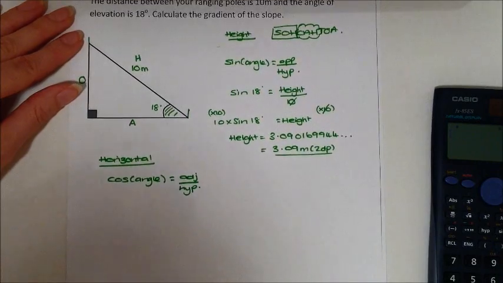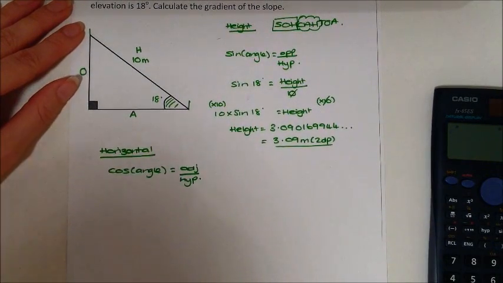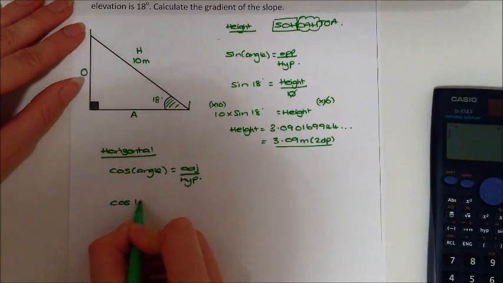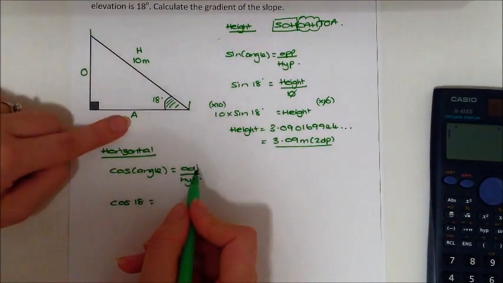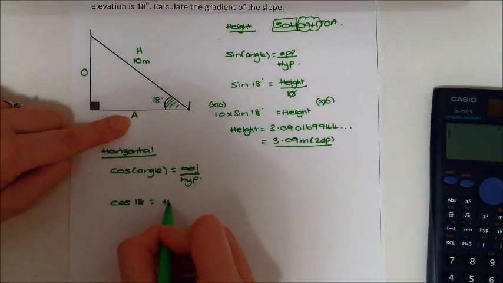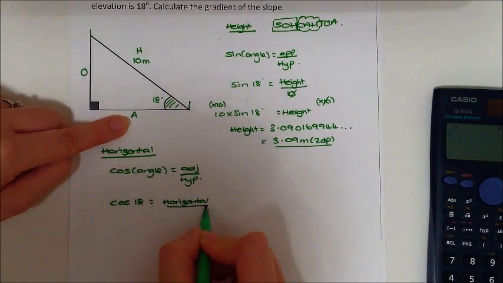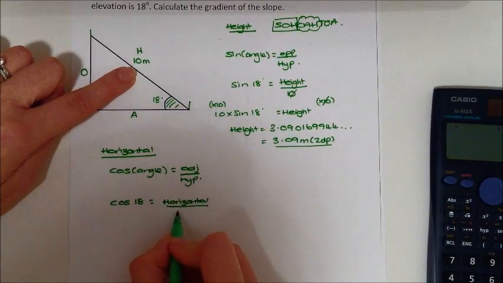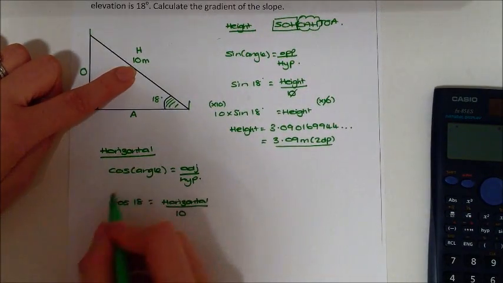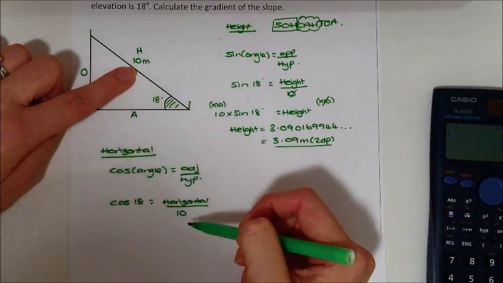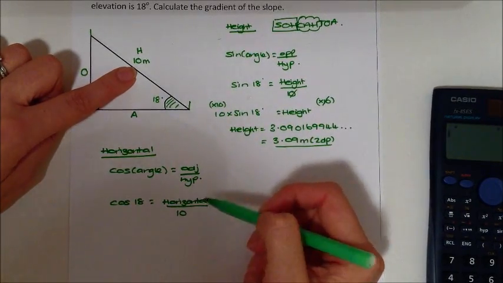So now we're going to go back to our question and we're going to substitute those in. So the angle we've got is 18, so cos 18 equals the adjacent, which we don't know, but this is our horizontal. And we're going to divide that by the hypotenuse, which again is 10. So this looks an awful lot like the last one, except instead of sine we've got cos. Again, we've been divided by 10, so we want to undo that by times it by 10.